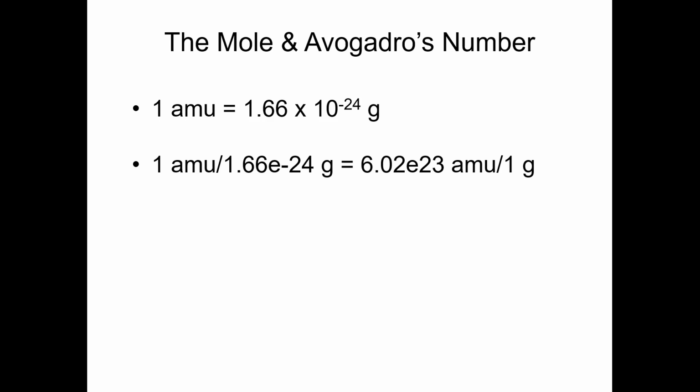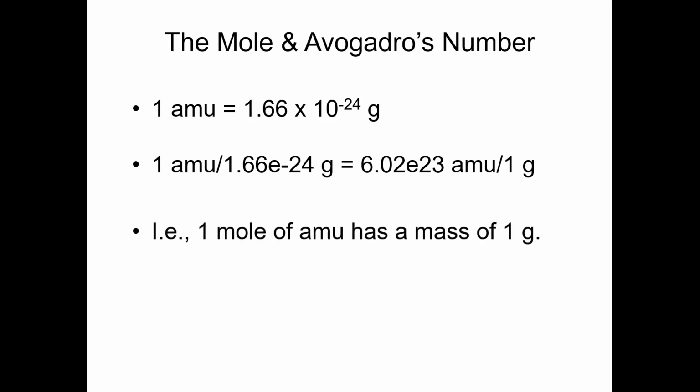When you divide by something, it's the same as multiplying by the reciprocal of that thing. And as it turns out, the reciprocal of 1.66 times 10 to the minus 24th is 6.02 times 10 to the 23rd. And so there are 6.02 times 10 to the 23rd atomic mass units in 1 gram. And that's really the origin of Avogadro's number. That's how it was finally worked out what its value was.